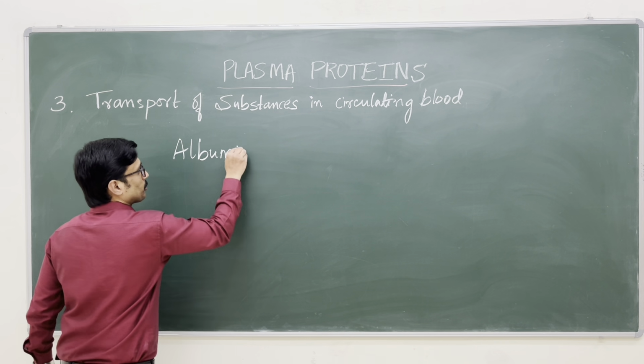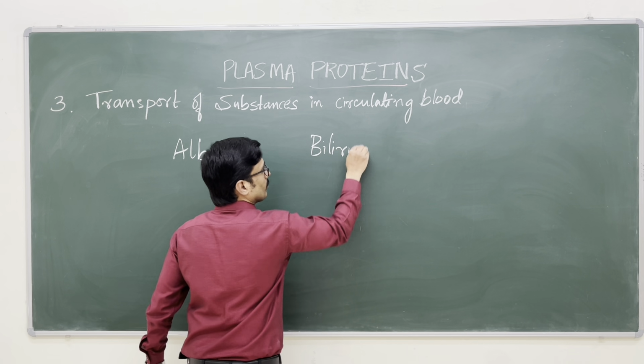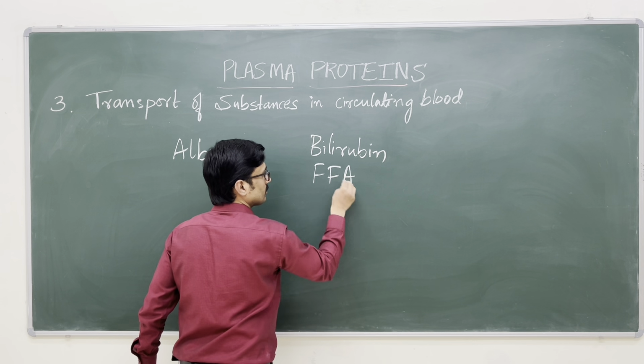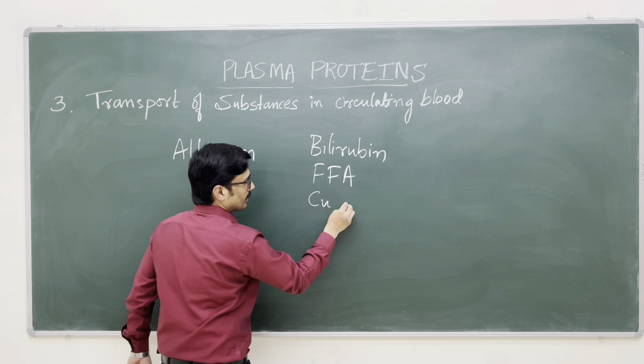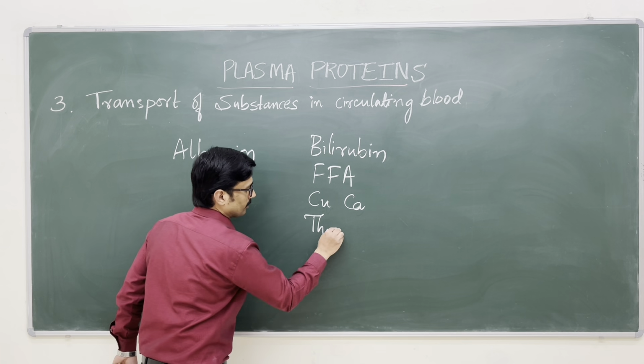Albumin, the plasma protein, mainly transports bilirubin. It will transport free fatty acids, and also copper and calcium, the metals. It also transports thyroxine.